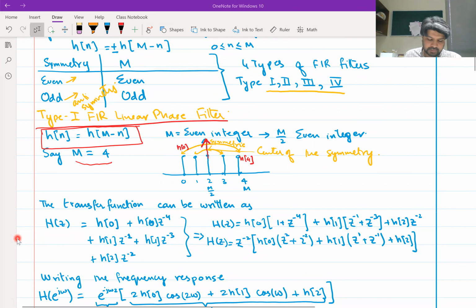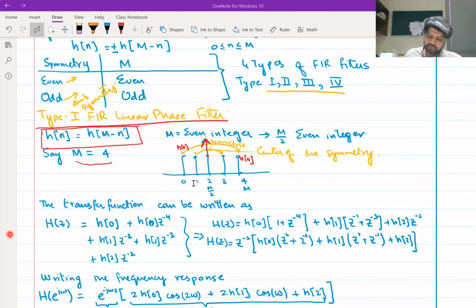इससे होता ये है कि you reduce the number of multiplications in the realization. जब आप उस filter को realize करने लगते हैं तो number of multipliers आपके कम लगते हैं, and that is a very important thing. It's a big deal for filter design. If you reduce the number of multiplications by 1/2, it's a big deal.